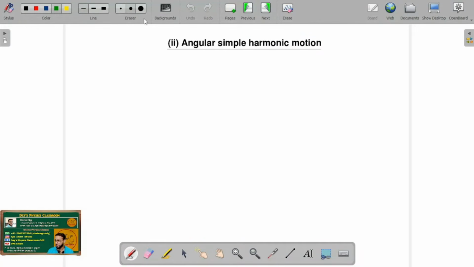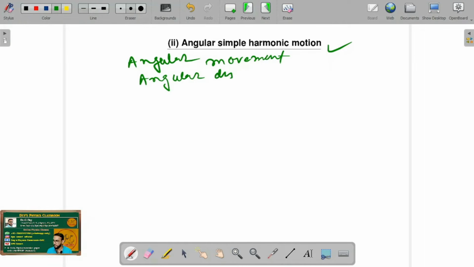Next, another type of simple harmonic motion is also present, called the angular simple harmonic motion. Angular movement is present here and the displacement is measured in terms of angular displacement.